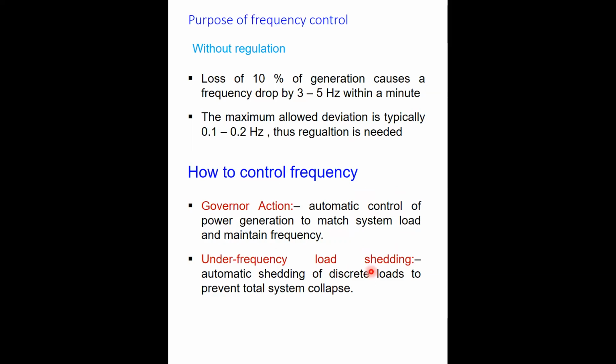That could be done in a discrete form, so in a stepwise manner we can have the automatic shedding. This will be through relay operation. So you may have the automatic cutout of some percentage of the loads in discrete steps, so that we are able to avoid the system collapse. That is our main intention here.